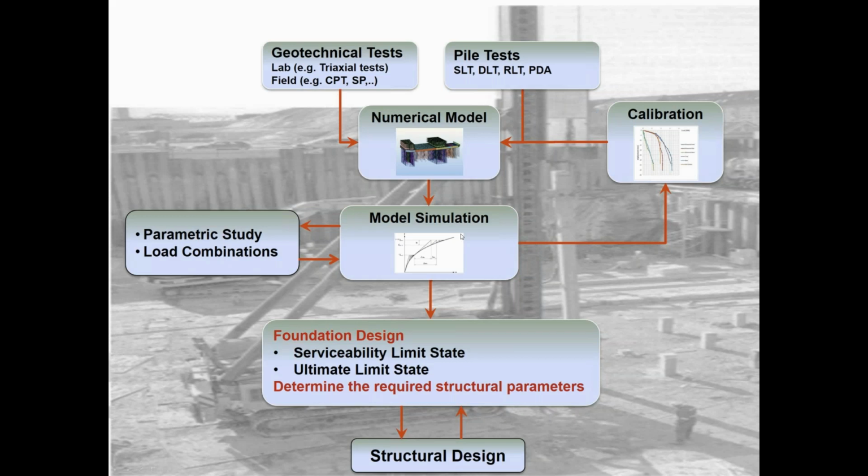Then you perform your analysis and you get your force-displacement diagram. Again, at this stage, you should be able to do a parametric study or change some load combinations and rerun some analysis. So it's an iterative process. At the end, you get structural parameters that can be used by the structural design engineer. And again, this part is an iterative process. I mean, it should be a discussion with the structural design engineer, and based on this feedback, you may need to rerun some simulations. So this is the general workflow.